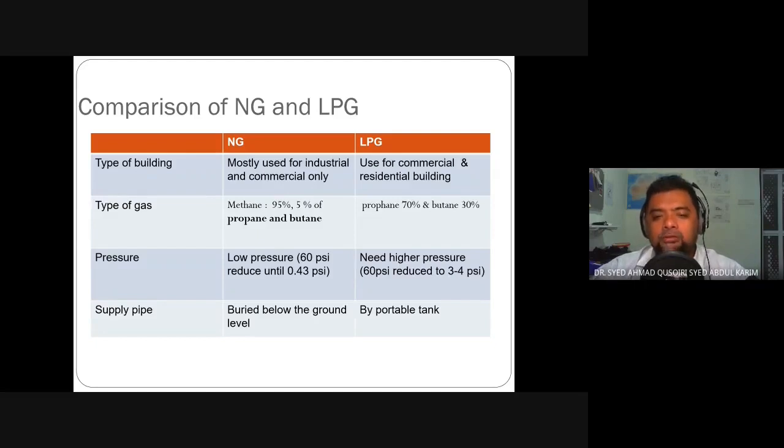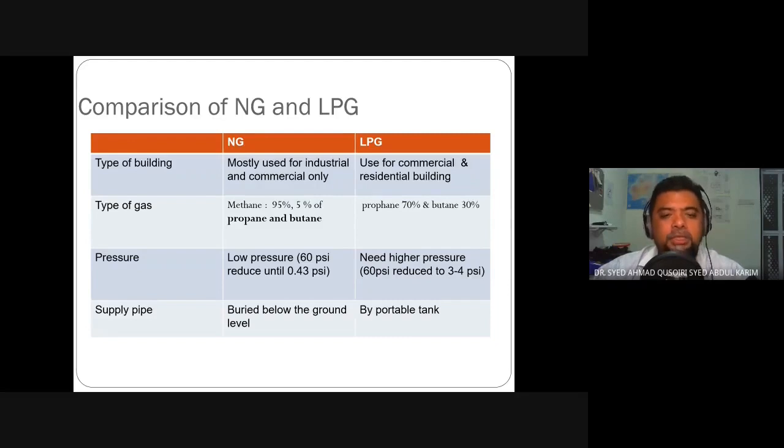LPG, liquefied petroleum gas, is normally used for commercial and residential buildings. The main gas in natural gas is methane, whereas in LPG it is propane.